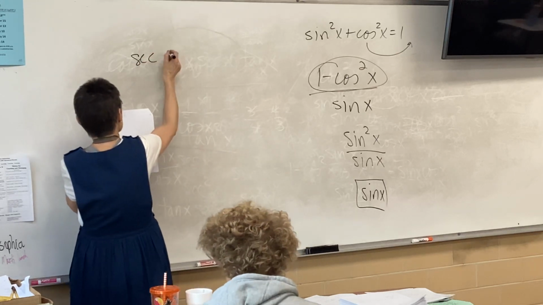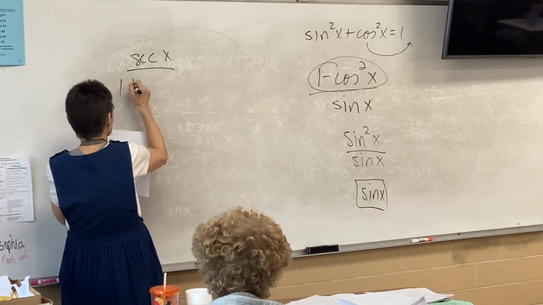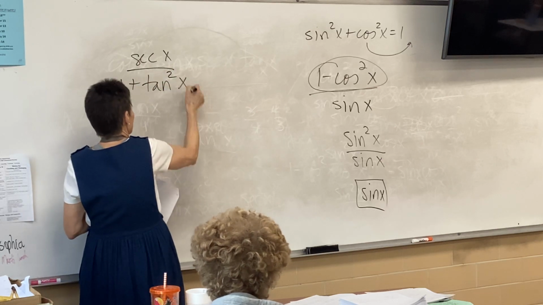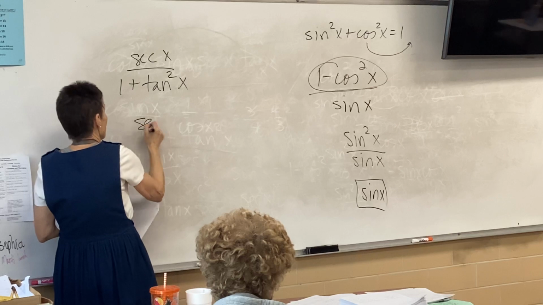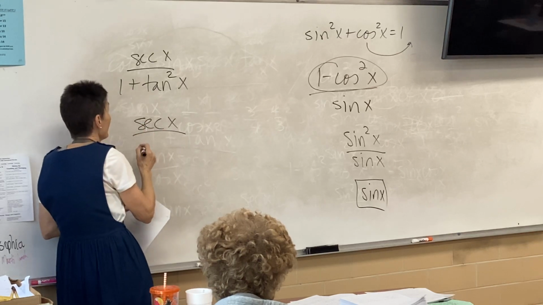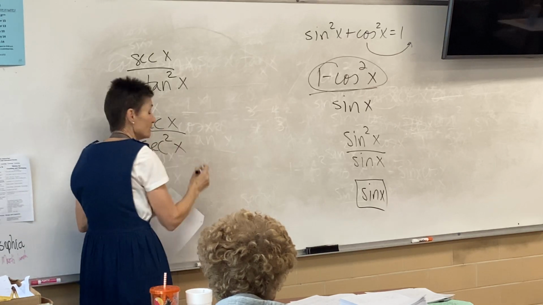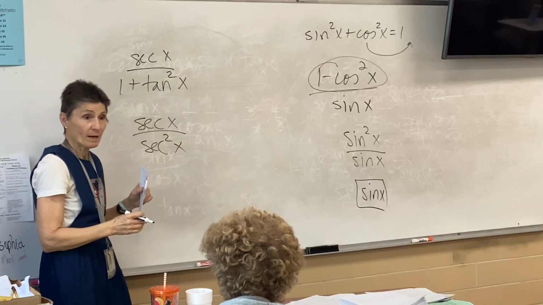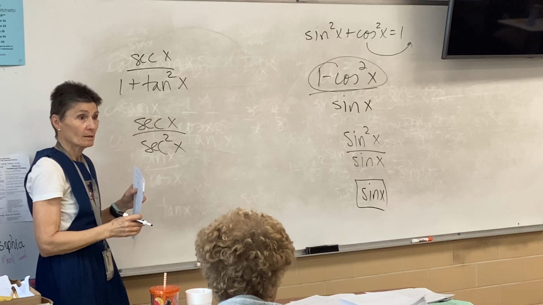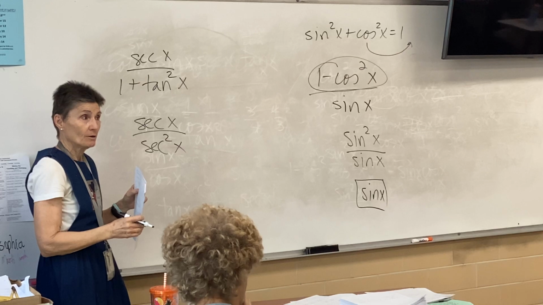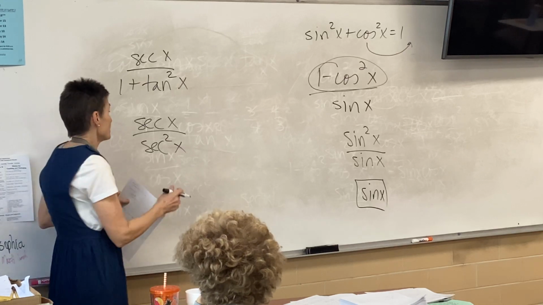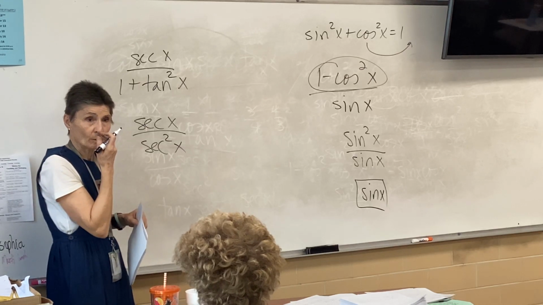The denominator is on my formula sheet. The denominator is just secant squared. Is that right? You okay with that? So what does that mean? What happens now?